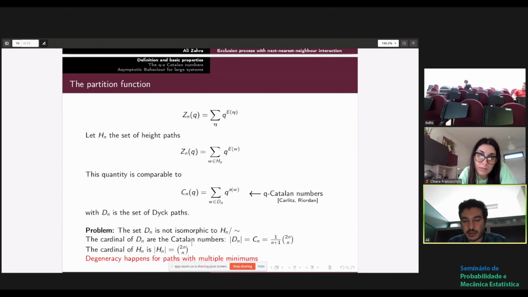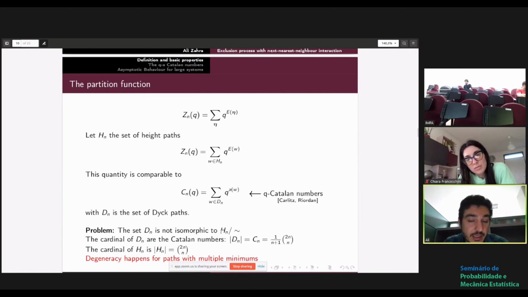Okay, but it's not fair to compare both of the sets. What you have to rather compare is the class of equivalence by translation of H_n with D_n. So the class of equivalence by rotation or by translation.